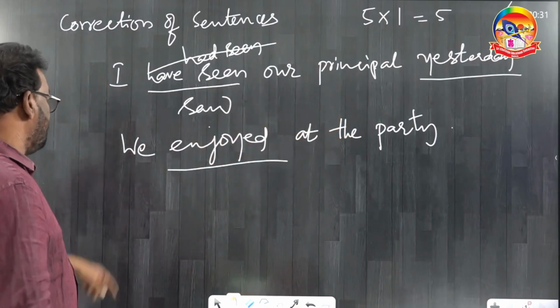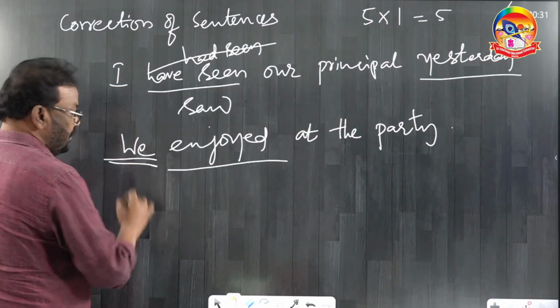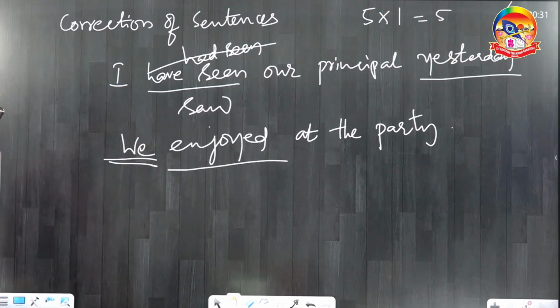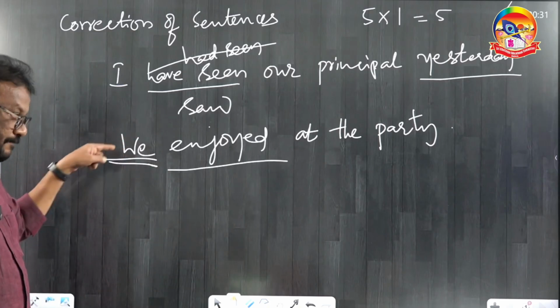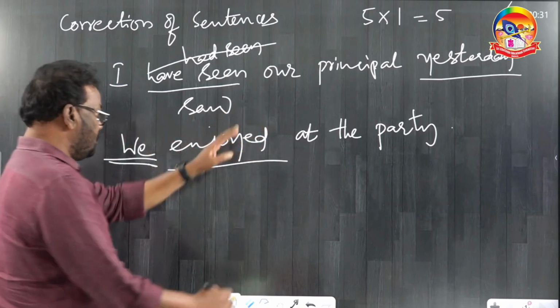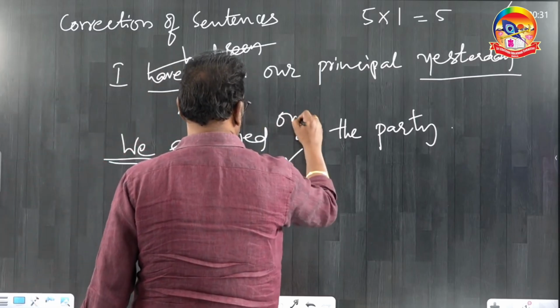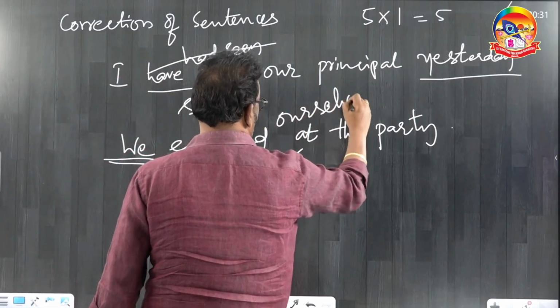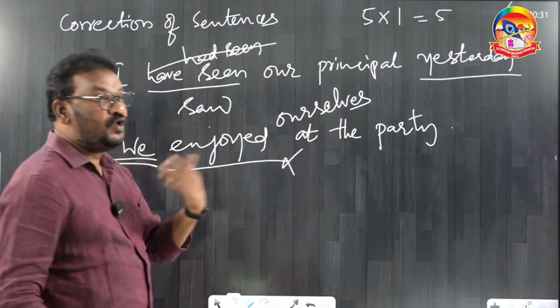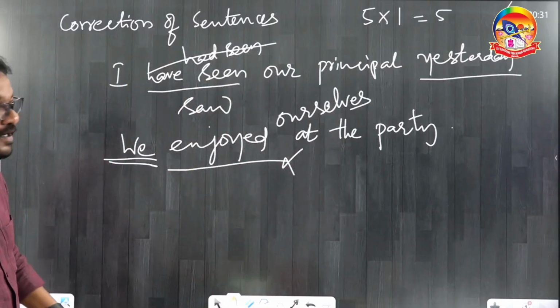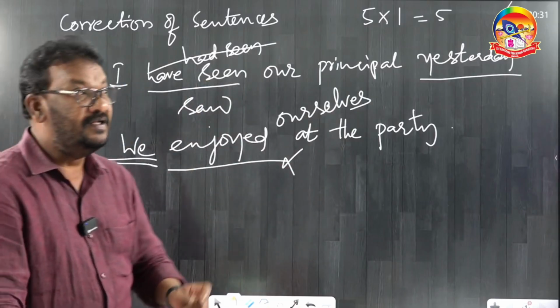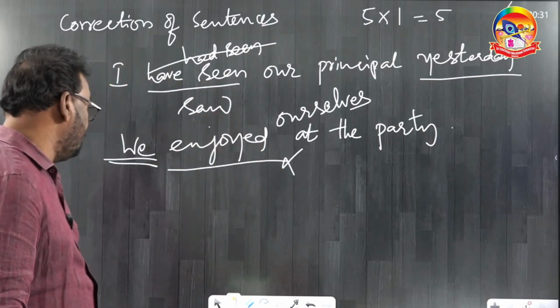And what is the reflexive pronoun? To be very simple, a reflexive pronoun is nothing but a self pronoun. And what is the self pronoun of we? Ourselves. So what should be your answer? We enjoyed ourselves at the party. I enjoyed myself. She enjoyed herself. They enjoyed themselves. So this is how you need to do it.